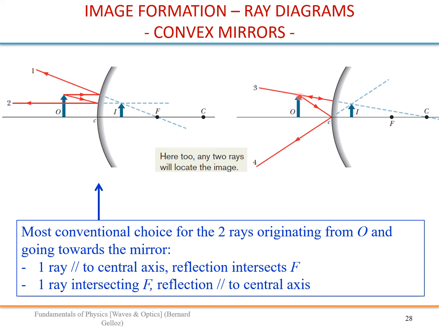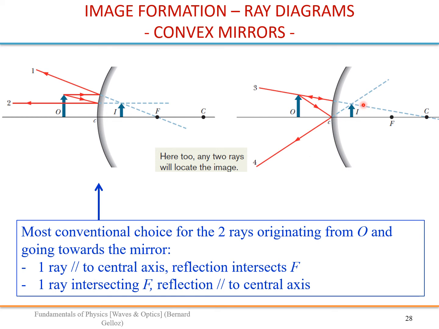If you take a ray that is intersecting the central axis with the mirror, here it is easy to design that reflected ray, because these angles are the same. And if you take a ray that is intersecting C, like this, it should be reflected in the same direction. The only difference here is that the real rays do not intersect.